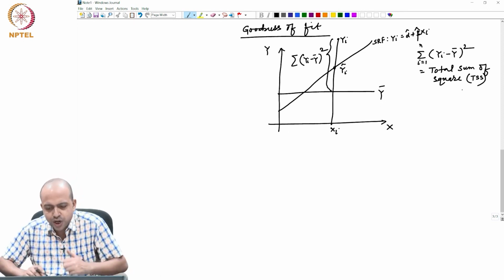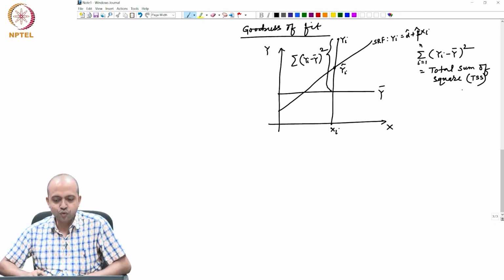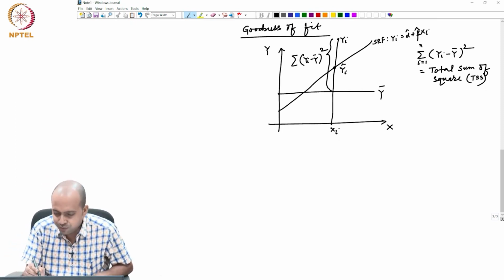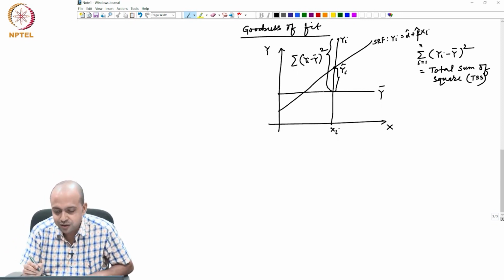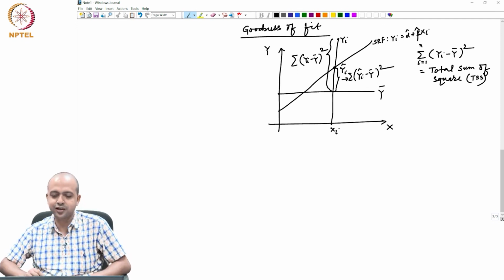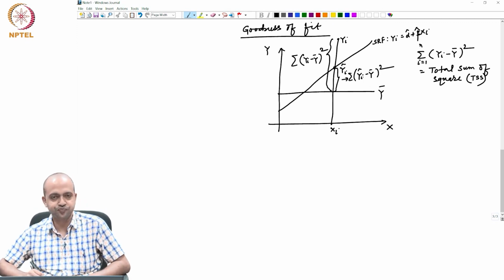Now, out of this total variation in y, which is given by summation yi minus y bar whole square, how much is your model able to explain? Your model is able to explain only this part, yi hat minus y bar. This much you have explained, and let us again take the summation and square it up.